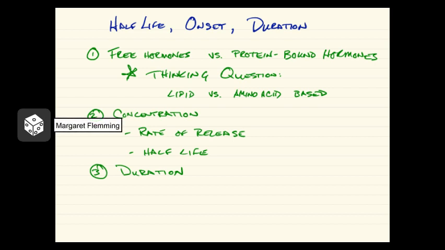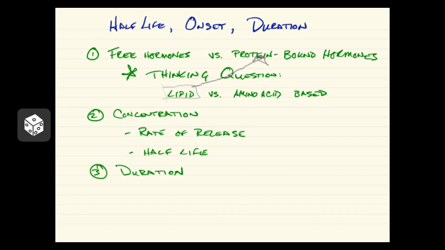All right, you ready for the answer to your thinking question? The answer is lipids must be protein bound. Why? Well, if they were free, they could just diffuse everywhere, right? They could cross all kinds of membranes.